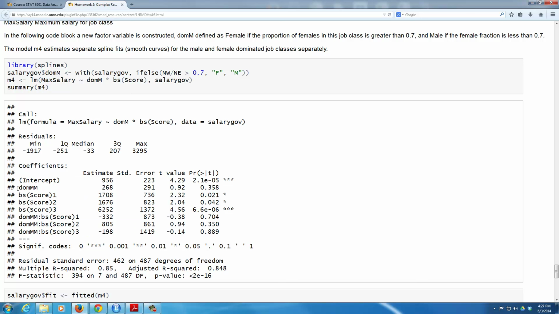Right here is a variable that controls a comparison, and dom_m means a male-dominated or at least a not female-dominated indicator. And so that's what this second M means here. And so this is going to measure the change in maximum salary.